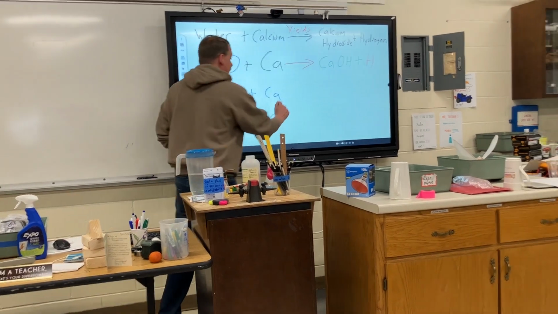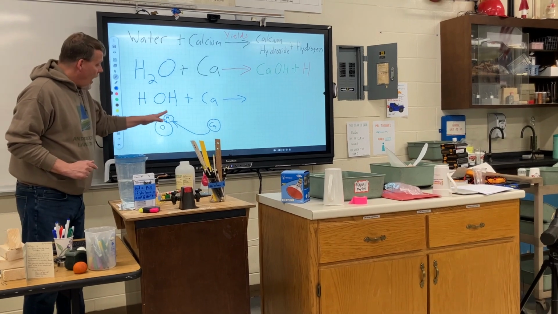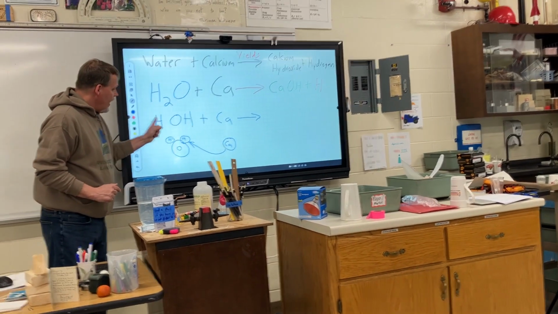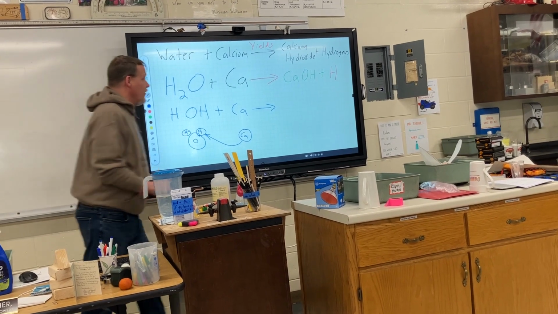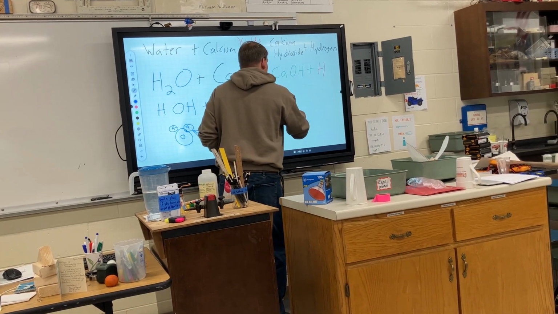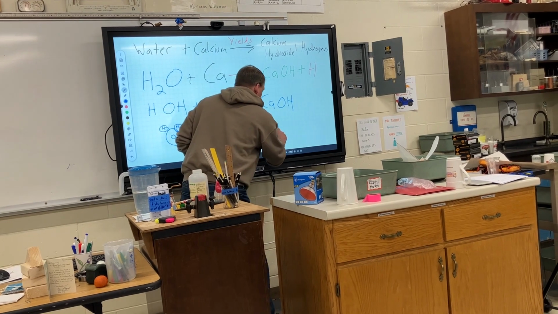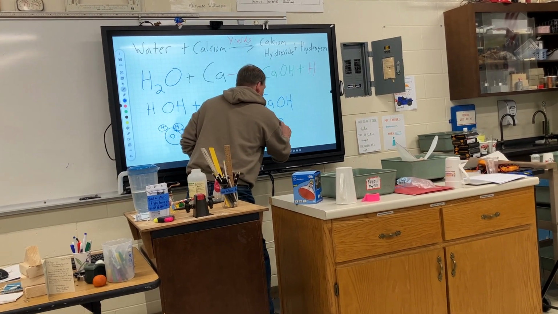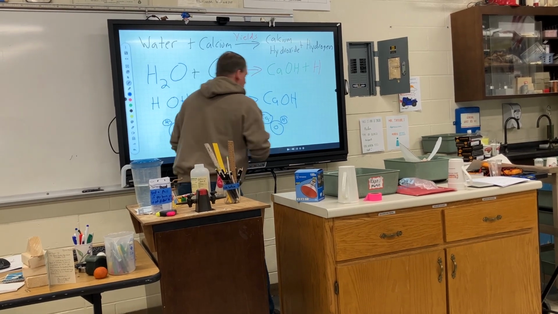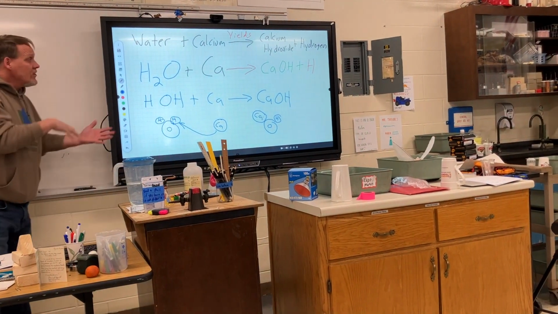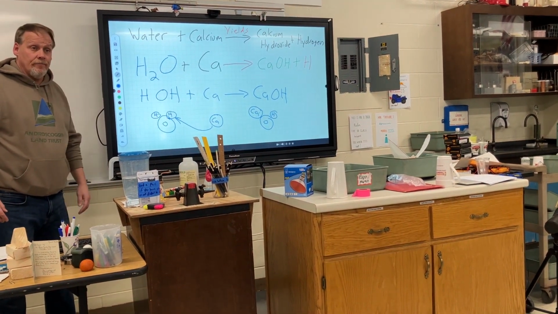And when it does that, the thing that's going to be left over, I'm no longer going to have HOH or H2O. I'm now going to have CaOH, which looks like this. Here's the oxygen, here's the little hydrogen, and here is the calcium. The calcium has replaced one of these hydrogens.